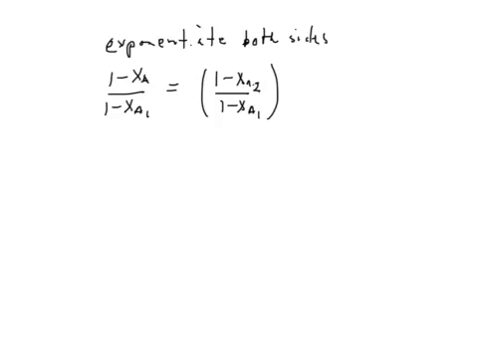And that is raised to the (Z minus Z1 over Z2 minus Z1) power. And that's the equation given in the text for the concentration profile, which gives the mole fraction as a function of Z.